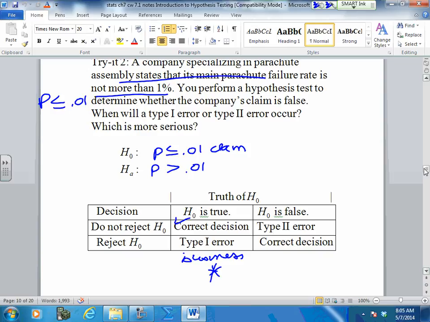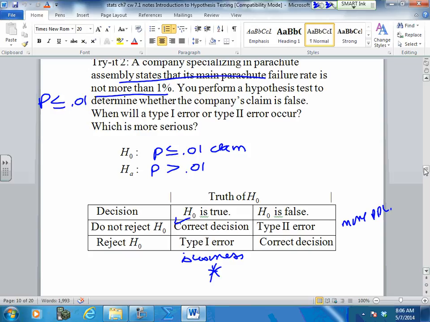Now, in reality, he made a false statement. His parachutes really are more than 1% defective. But he lied. This claim was false. I come through and I did not reject this. Now more people are buying his parachutes thinking that he's less than 1%, but he's really not.